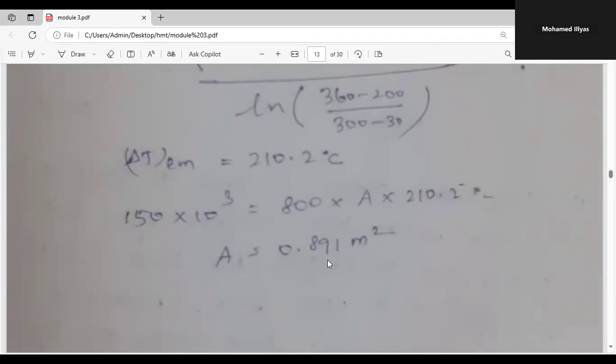Since the heat transfer area required is less here, from this area we can calculate the diameter and length of the heat exchanger by writing the surface area as pi D L. If it is a shell and tube type, we'll incorporate the number of tubes and number of passes, the term n, here.